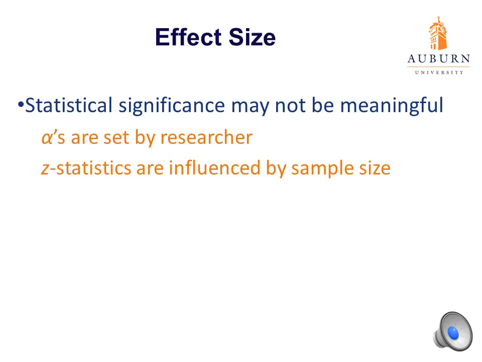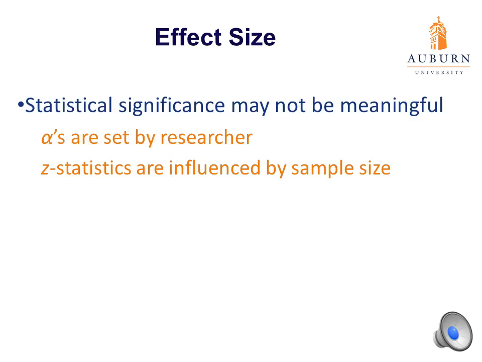Additionally, we talked about how the z-statistic is influenced by the sample size. In general, the larger the sample, the higher our z-statistic is going to be, and so the easier it is for us to reject the null hypothesis. So given these two fairly subjective components of hypothesis testing, it's possible that our statistical significance, or our decision of whether or not to reject or fail to reject the null, may not be that meaningful.